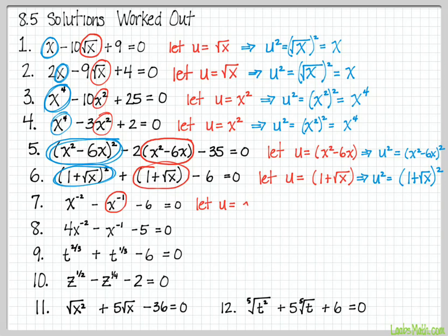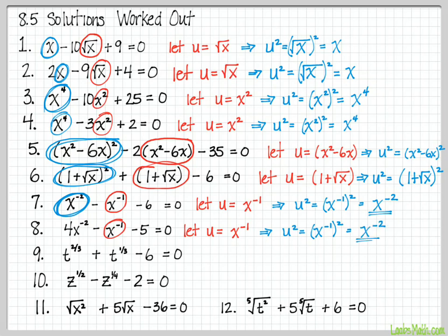Number 7, let U equal that term, x to the negative 1. When I square U, so U squared, I square that x to the negative 1, and I get x to the negative 2, which is the first term. In number 8, I do the same thing, and I find that it is the first term, or I should say it's the variable of the first term.